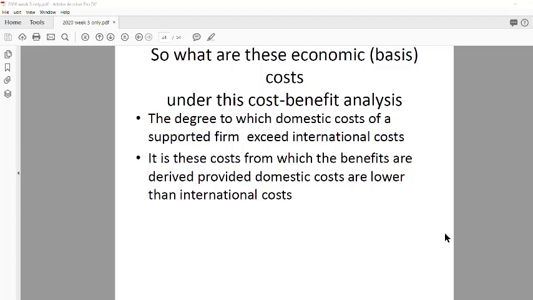Why do you want to do that? Because initially when you enter into the market, you actually have a lot of costs, where your production process is more expensive than your international competitors. So now you have all these costs that exist, and you can't survive. But long term we're going to have a lot of benefits. So then you want the support in that case.